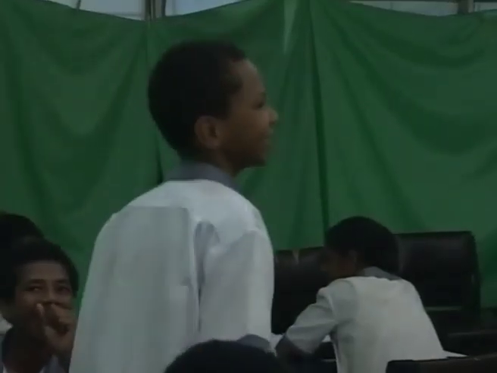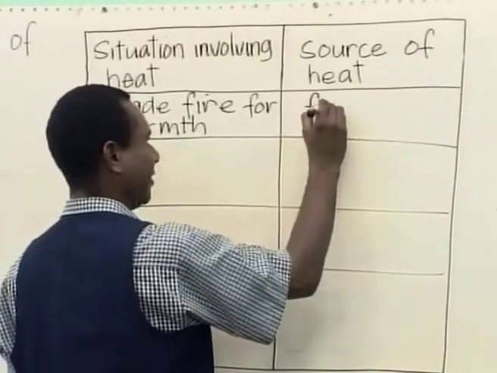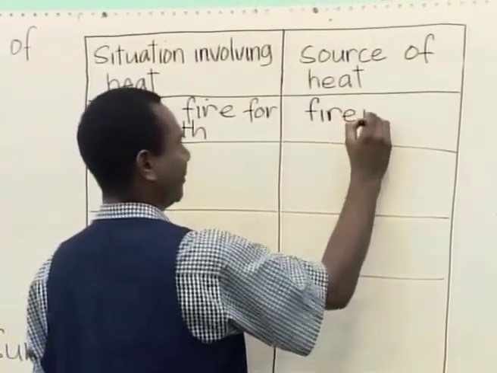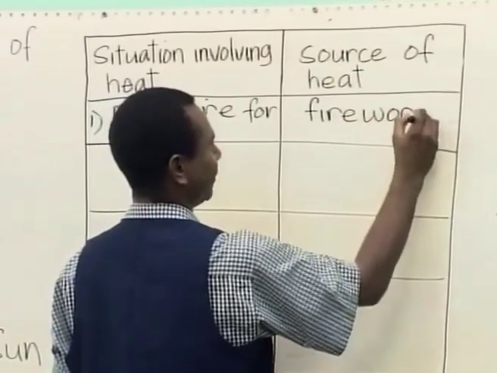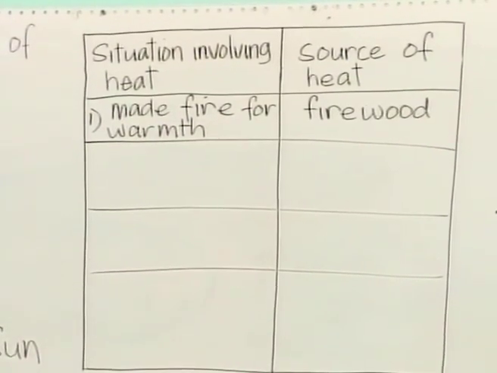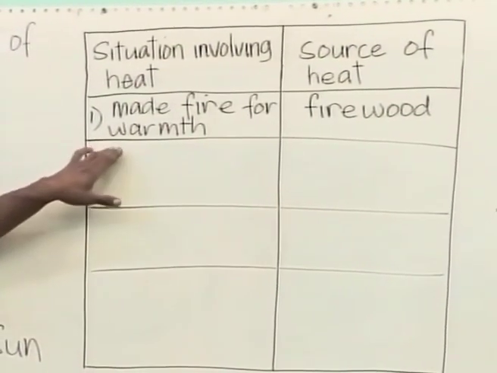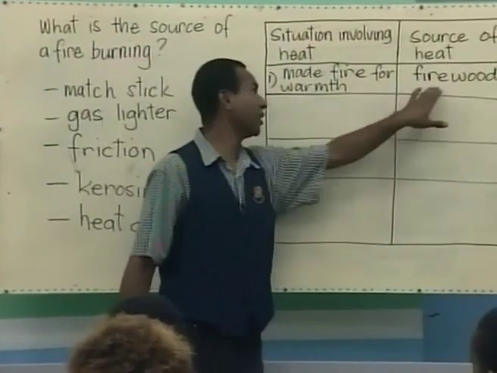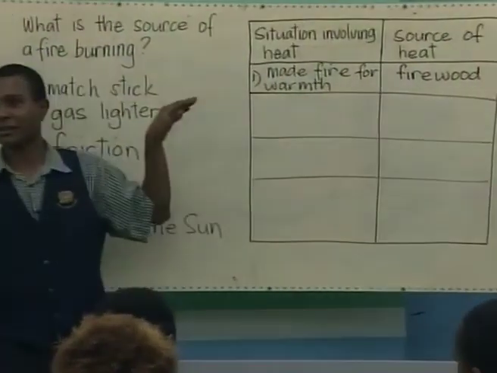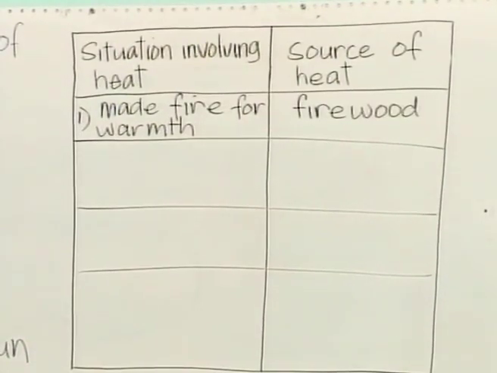Firewood. Very good, Sconti. Okay. An example like this, a situation and what provides the source to make fire to give you heat.